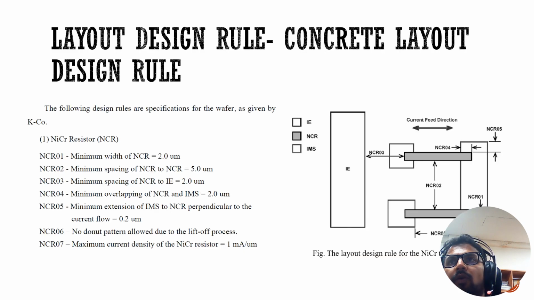In the same way, we also have concrete layout design rules, given here. This is a particular design rule for the nickel chromium resistor, where you can see IE and CR and IMS, and this is the particular layout represented in the figure.